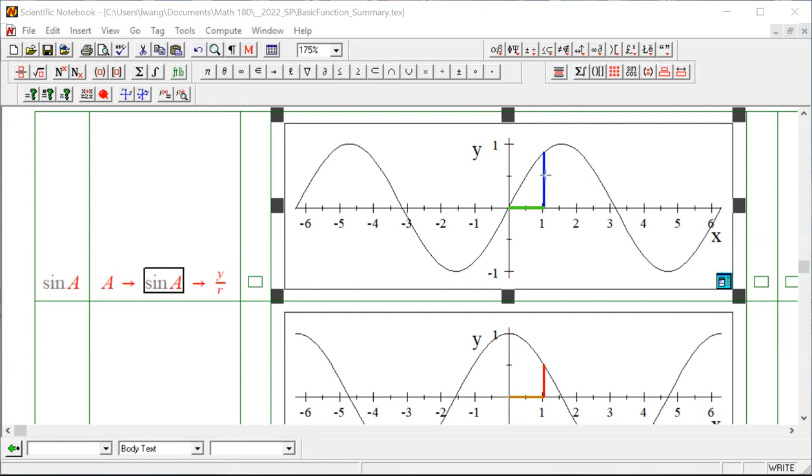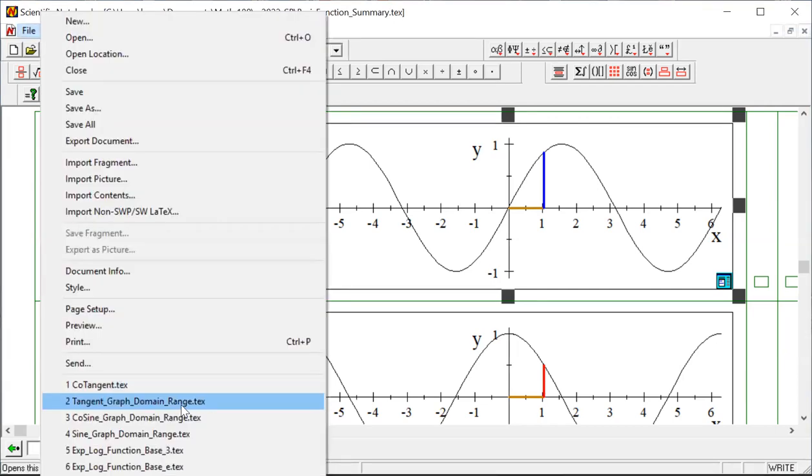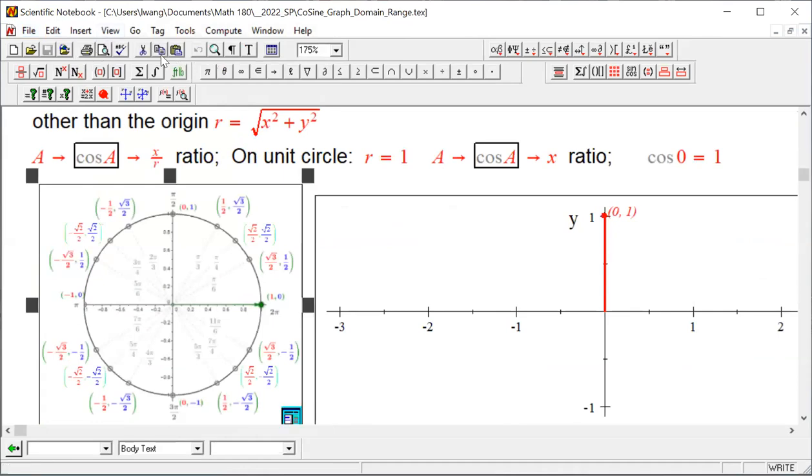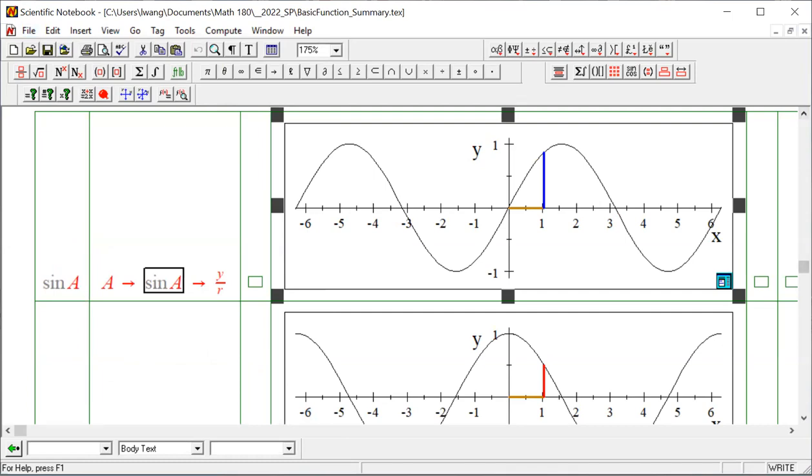The blue number refers to the blue number on that specific unit circle. I hope you know what I'm talking about. Just to make sure we are clear, I'm going to bring that unit circle with us.